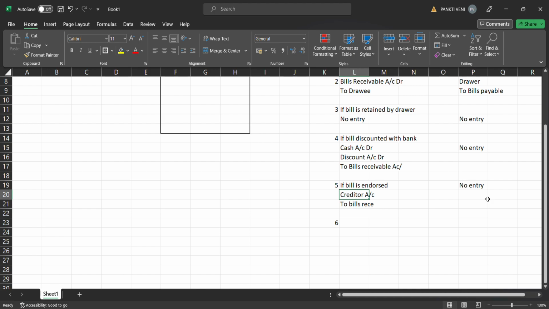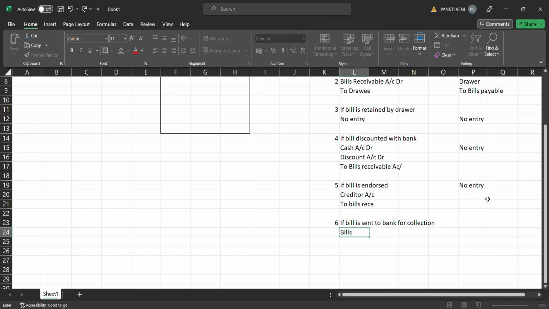Then I have one more. If the bill is sent to bank for collection, in that case I am very busy, I don't get time for collection and everything. So I'll give standing instructions to my bank, you please take care of such bills.